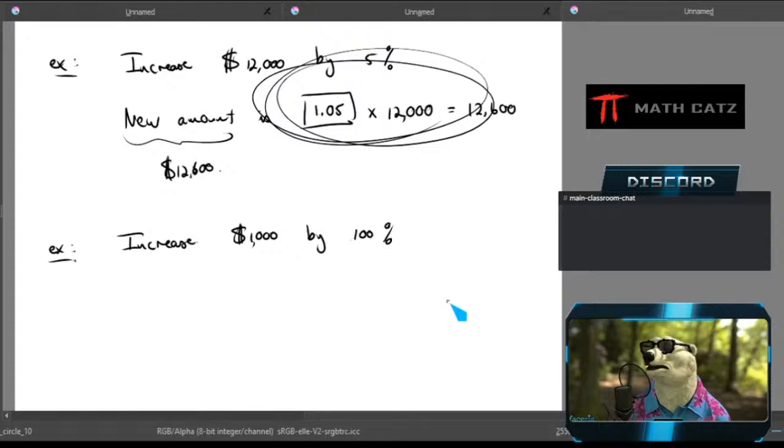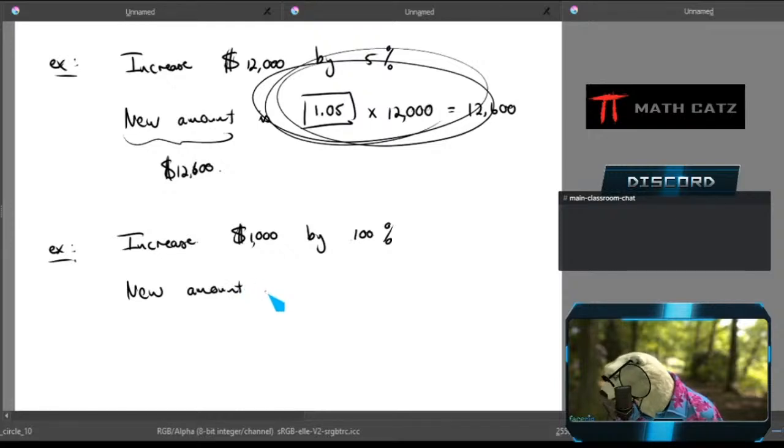Now, we might have an intuition about 100%. That's double, isn't it? I increase something by 100%. I get 100% of that on top of what I had, which means I get all of it again. You would be right.